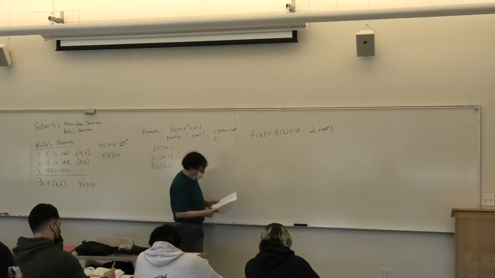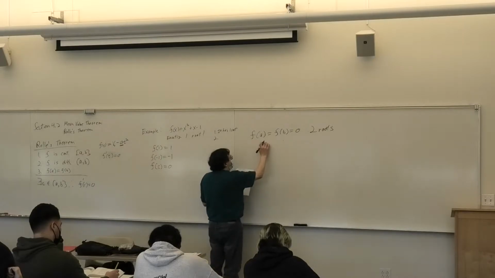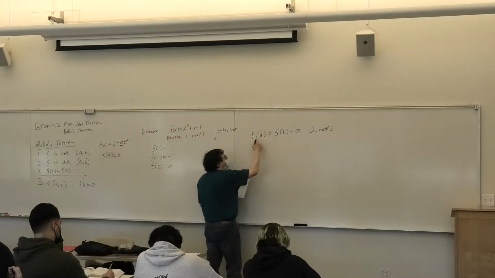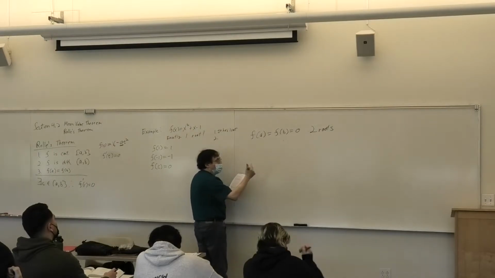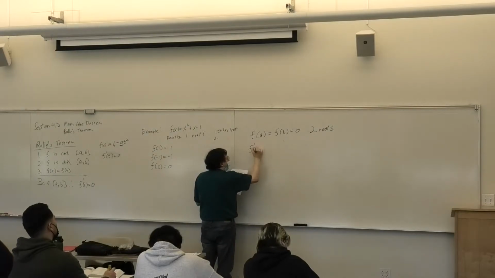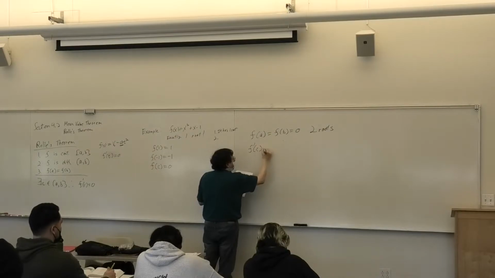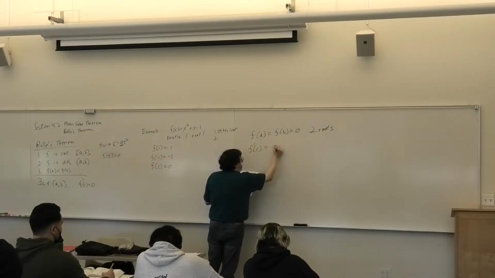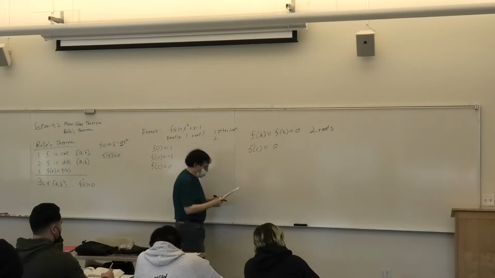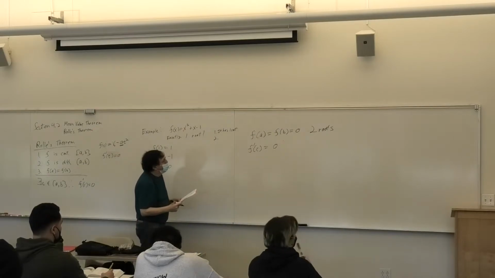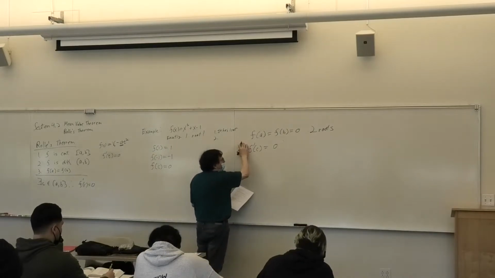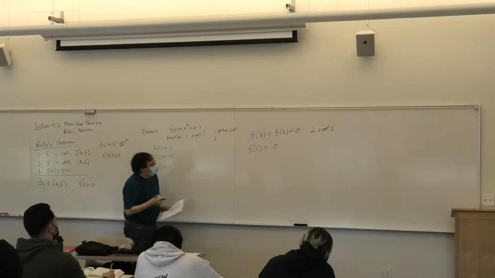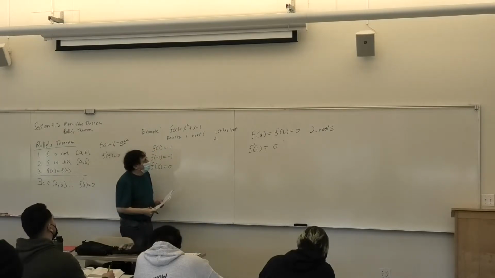Well, by Rolle's theorem, since we have f of a equals f of b equals some value, there has to be some c such that the derivative is 0. Does that make sense? Rolle's theorem tells us, if this is true, we have to have, at some point, the derivative 0.